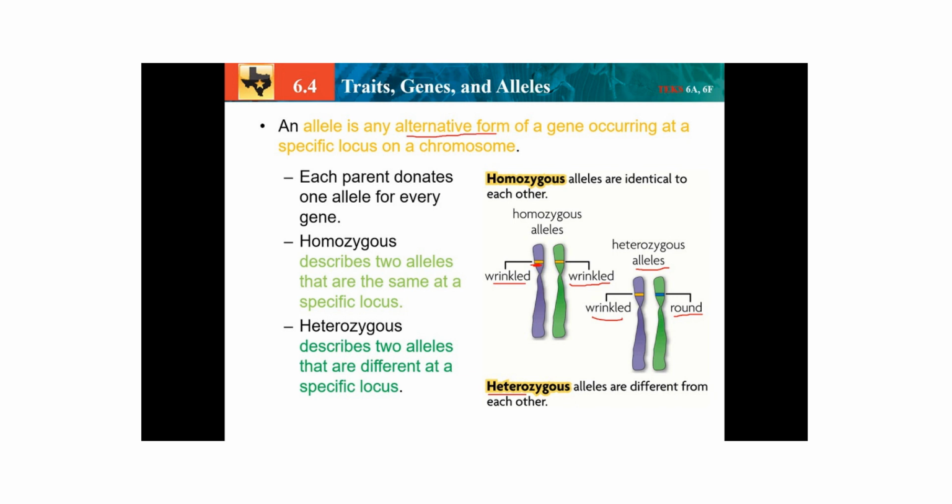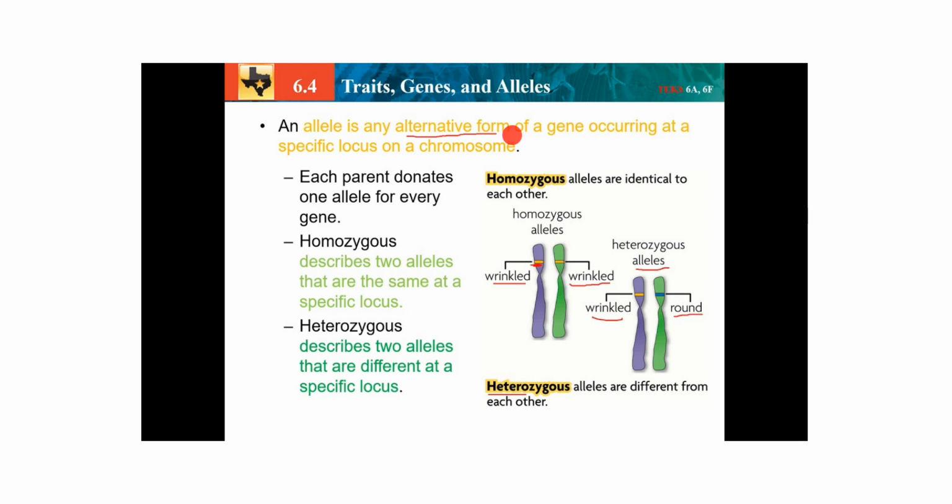You have big B and you have little b. So the individual letter like B or T or A, those are alleles. So big A and little a are alleles. There are different versions of the gene. So you have the A gene, and you have big A, that's an allele, and then little a, that's also an allele. So think allele, think alternate form.